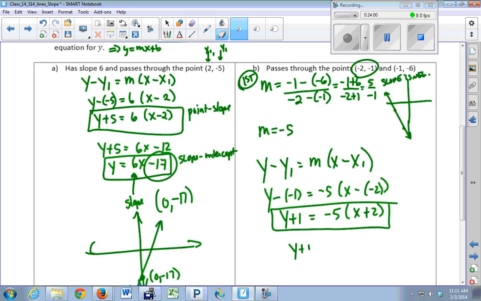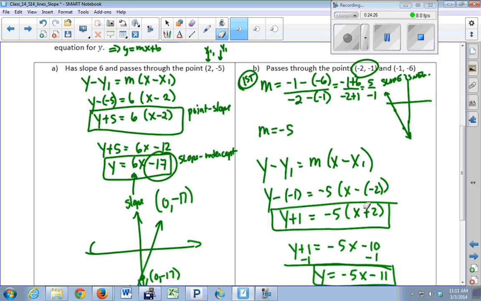You use your distributive property on the right-hand side and solve the equation for y by subtracting 1 from both sides. And now you have your slope-intercept form. Here's your slope and your intercept. So this goes through the point 0, -11. When x is 0, your y value is -11, and your slope is -5.